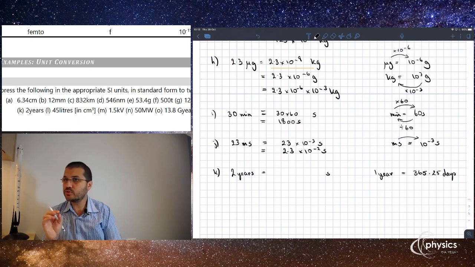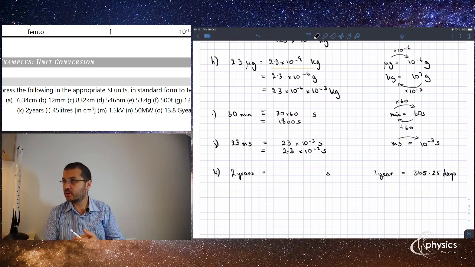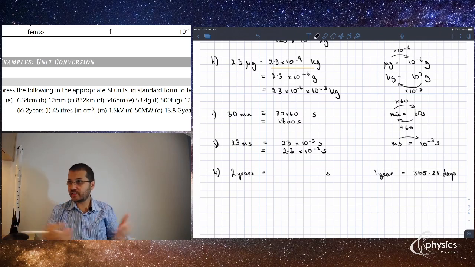And you will also find this in the data booklet. So we're taking that extra day from the leap year, and subdividing it into the other years.